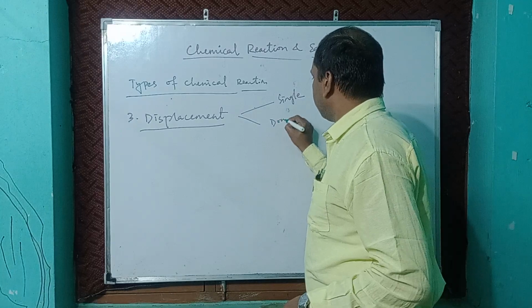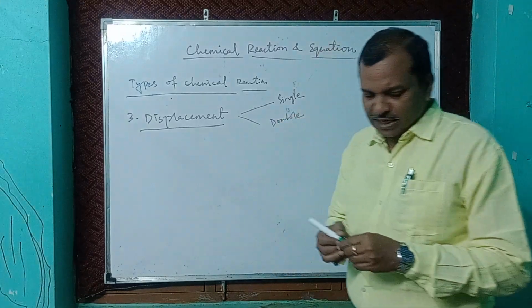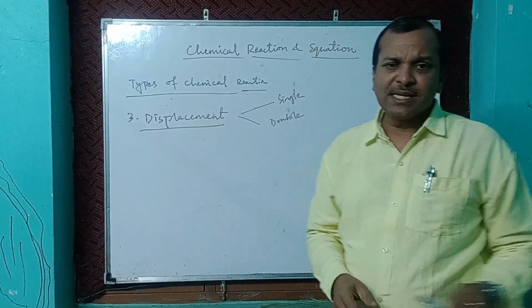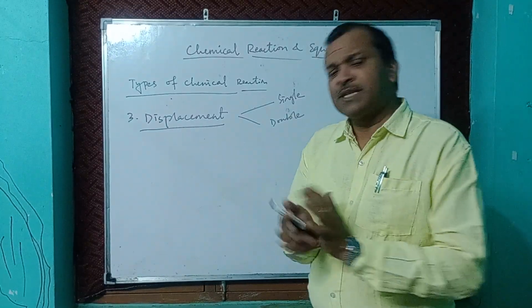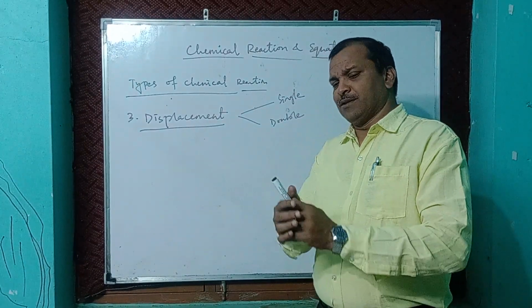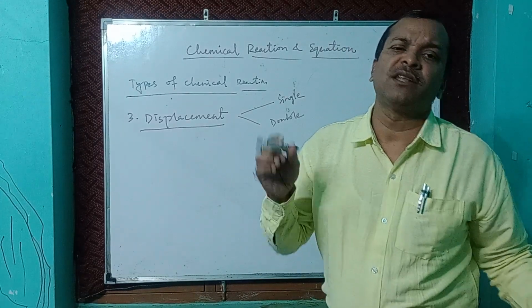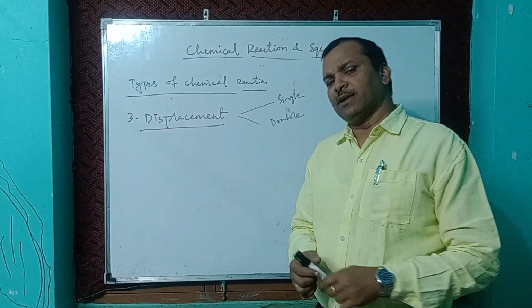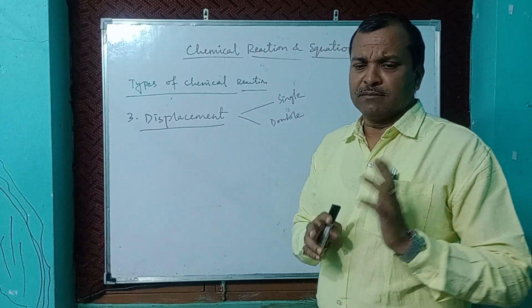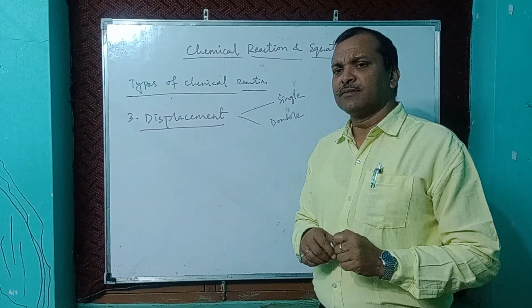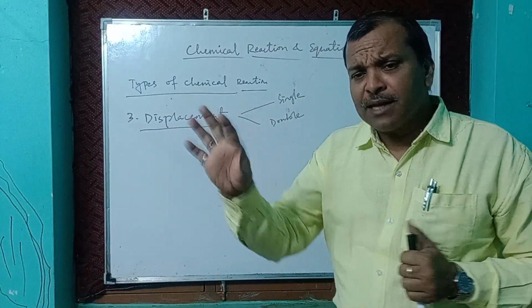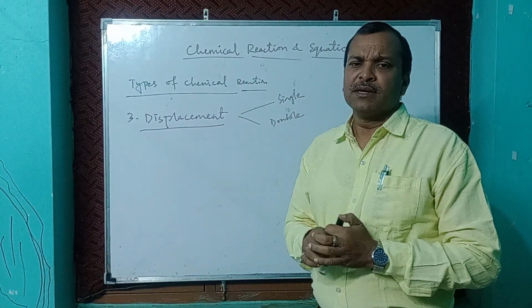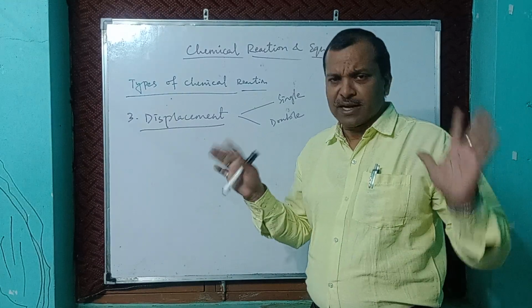In single displacement, what happens? As I told you, one element will be displaced. Displacement means one object will displace another object. For example, a 10th class student can push a student of class 5. Yes or no? Definitely yes.